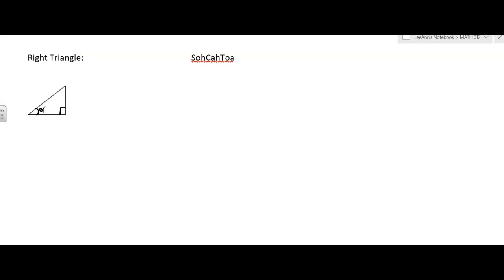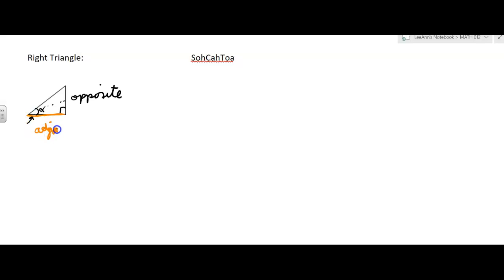So here's the angle that we're using. We call the side that's across from the angle the opposite side. Then we call the side that's actually touching the angle the adjacent side.